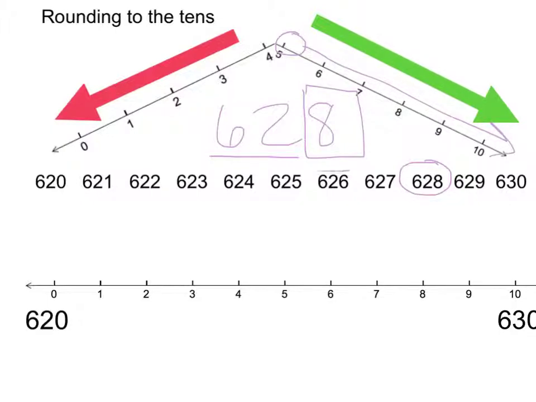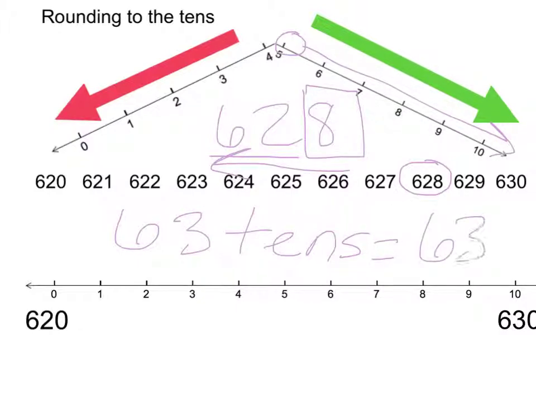The numbers to the left, up by 1, they change, which means that the 62 would change to a 63. 63 tens equals 630. So if we round 628 to the nearest tens, the answer is 630. And that, my dear boys and girls, is how easy rounding to the tens can be.